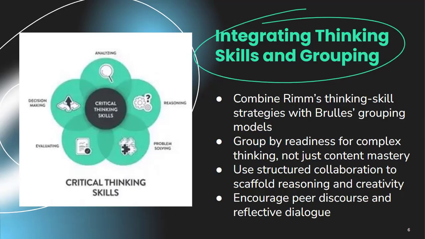So use the framework of like a Socratic circle or some sort of structured fishbowl so that they have the framework prepared to allow them to engage in the critical thinking discourse that reflects what they've been doing with these metacognitive strategies, but don't just throw it at them without preparing them for it.